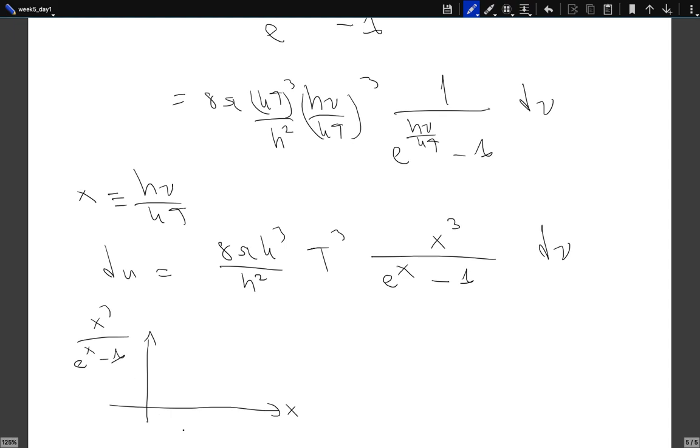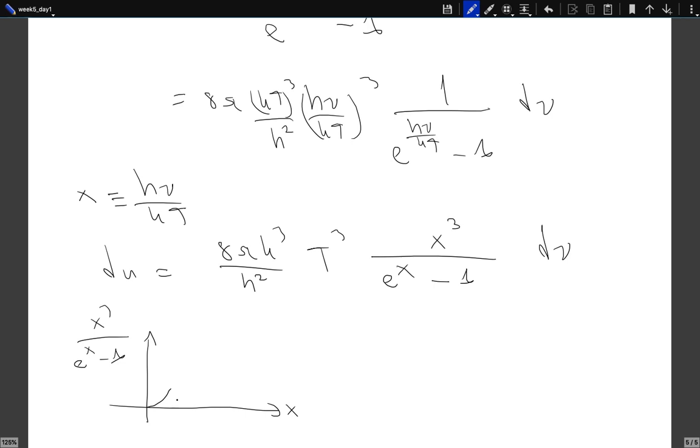For very small values of x, this e to the power x minus 1 behaves like x. So x cubed divided by x, so it goes as x squared. For large values of x, well, this is huge, so ignore the 1. So it's just x cubed times e to the power minus x.